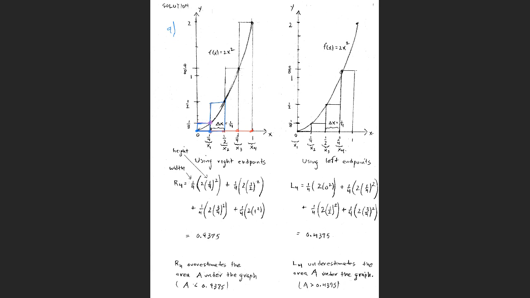This will be in the recording. There's the next rectangle. Okay, the next rectangle, its width is also a fourth, right? But the height of the rectangle, I'm going to use the right endpoint to determine the height. I'm going to use the right endpoint, which is a half.